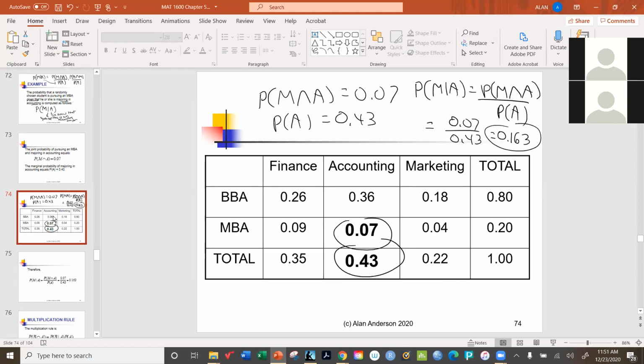Now, with all that being said, all of that background was just building up to this one rule, the multiplication rule, which as it turns out can actually be written in 2 different equivalent ways. But both of them require these so-called conditional probabilities. So let's see how this works.